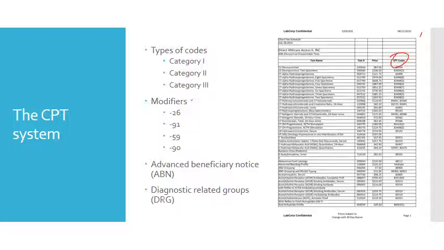So if a patient comes in with pneumonia, say, you get paid a predetermined fee that you've negotiated with CMS and any of the other insurance, that this is what they pay for a case of pneumonia in your hospital. So your hospital has to figure out what it costs to treat pneumonia.